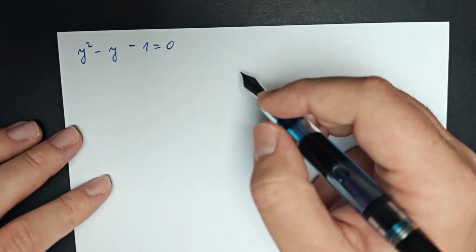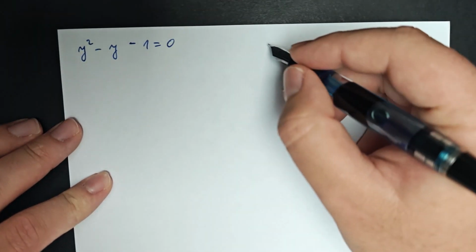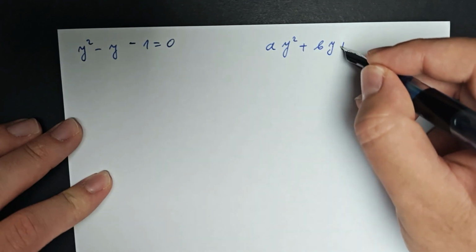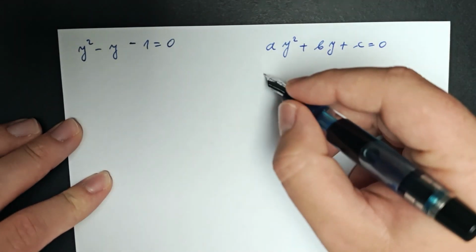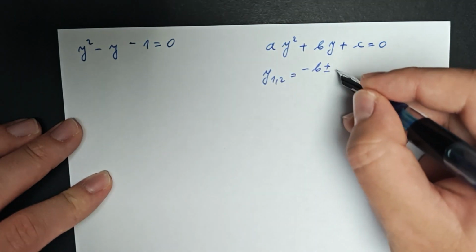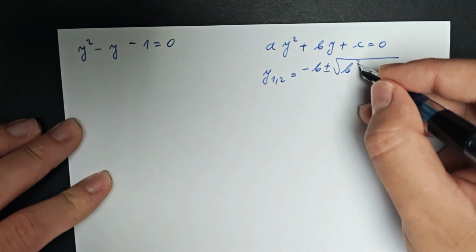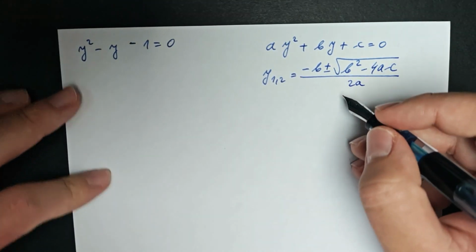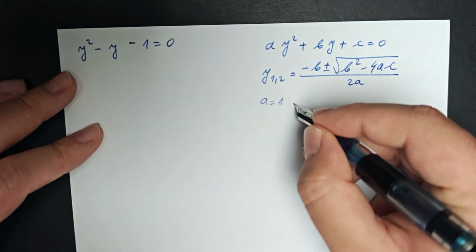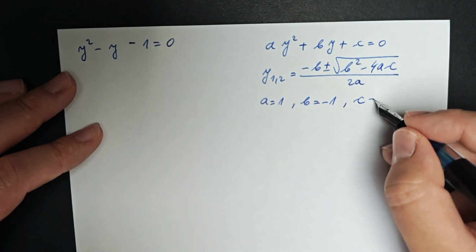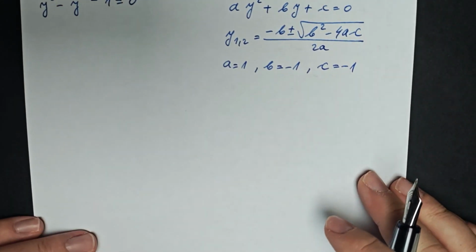Of course, the quadratic formula: ay squared plus by plus c is equal to 0, and y1 or 2 is equal to negative b plus or minus the square root of b squared minus 4ac, divided by 2a. A is equal to 1, B corresponds to negative 1, and C corresponds to negative 1 as well.